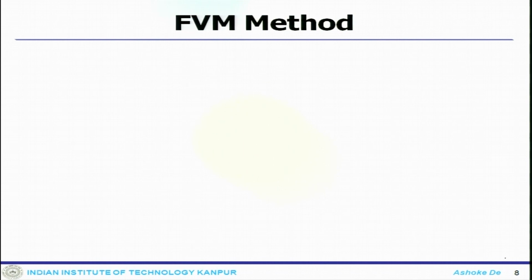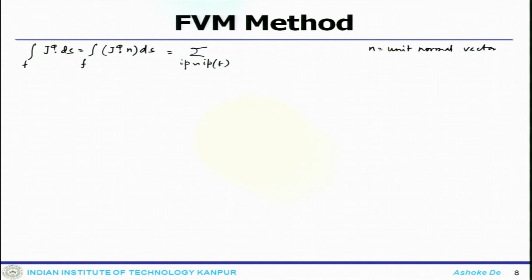Now, if I write the integral of J phi dot dS over faces, this would be J phi dot n dS, where n is the unit normal vector. Then this will become the summation over IP, integration points, of faces, J phi dot n times W_IP, over S_F.